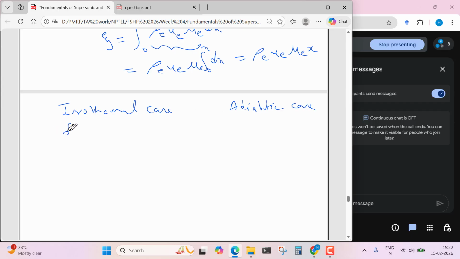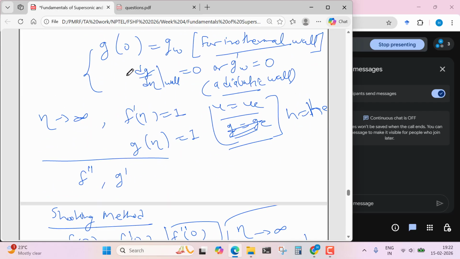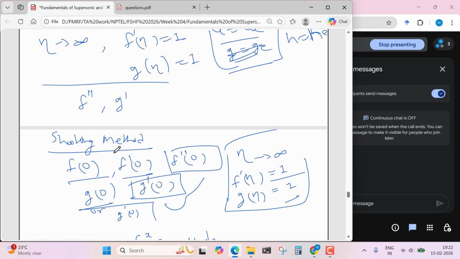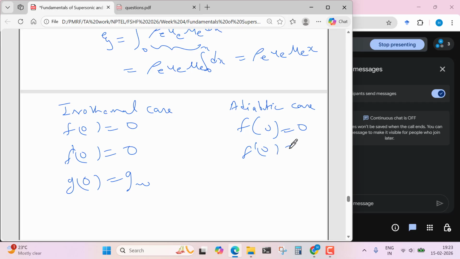For the isothermal case, we know the value of f0, which is 0, f dash 0 and g0. For the adiabatic case, we know the f0 value, f dash 0 value and g dash 0 value.